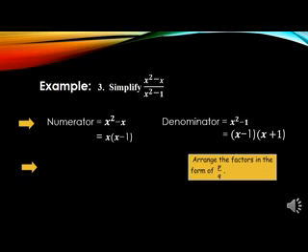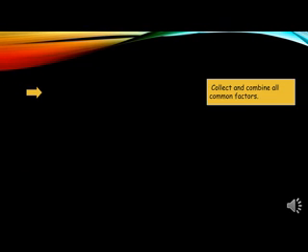The second step is arrange the factors in the form of p over q. So the factors are x times x minus 1 all over x minus 1 times x plus 1. So the third step is collect and combine all common factors. So the common factor of x squared minus x all over x squared minus 1 is x minus 1.